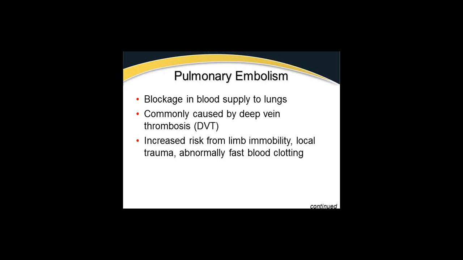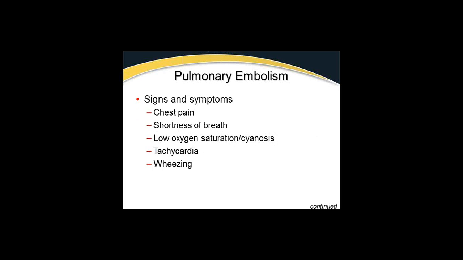So people who have certain types of blood disorders in which they build too many platelets. Recent surgeries. Women on birth control, or really certain types of hormones. Doesn't have to be women, it can be men as well. Smokers are also at a higher risk for pulmonary embolism.